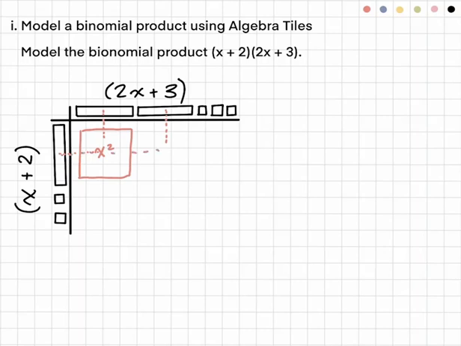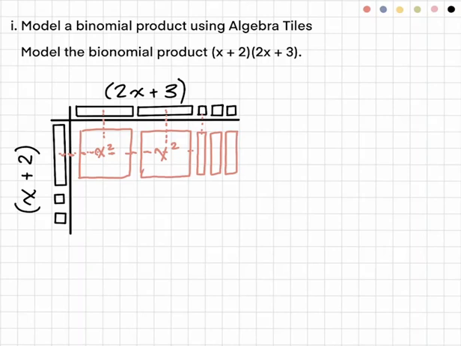It's almost like Battleship in a way, lining up coordinates. I've got another x times x, which is x squared. The next one I have is x times 1, which is just x. And since that happens 2 more times here, I can just draw more x tiles.